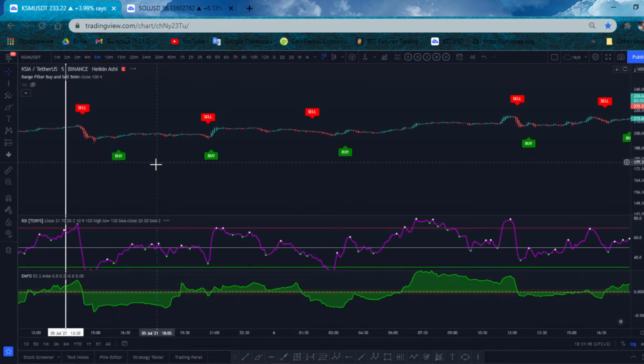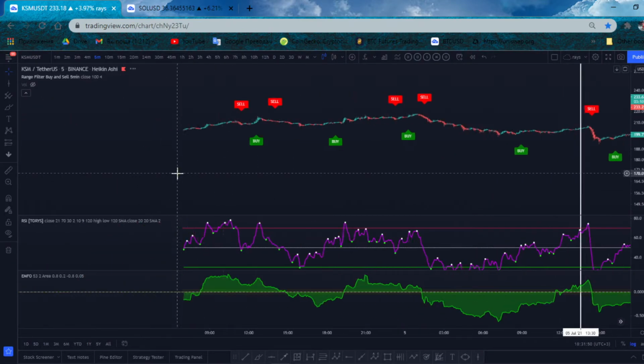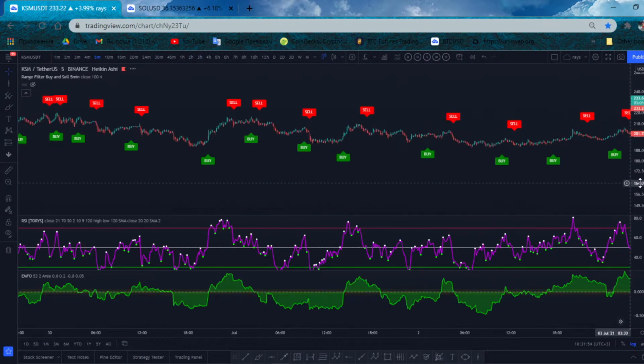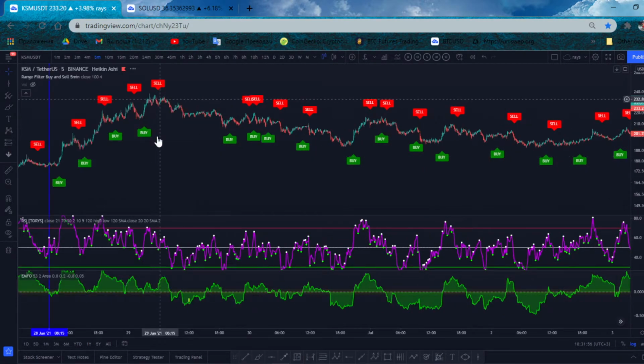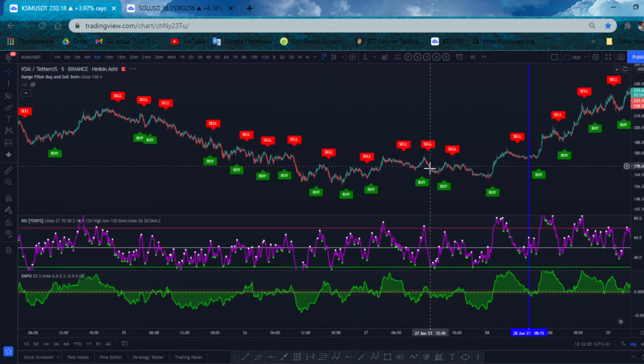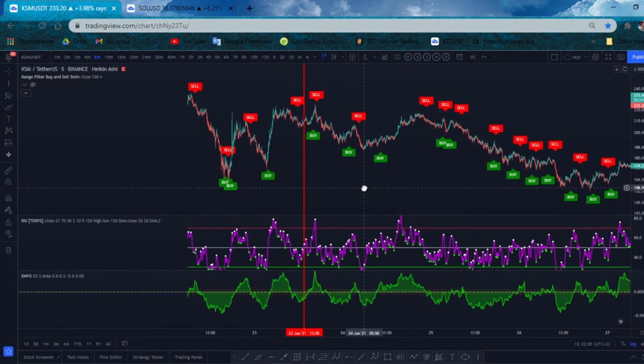I'll go on the 5-minute chart, but I have to scroll back a lot. Really a lot, but I'm almost there. My PC is lagging from all the stuff.